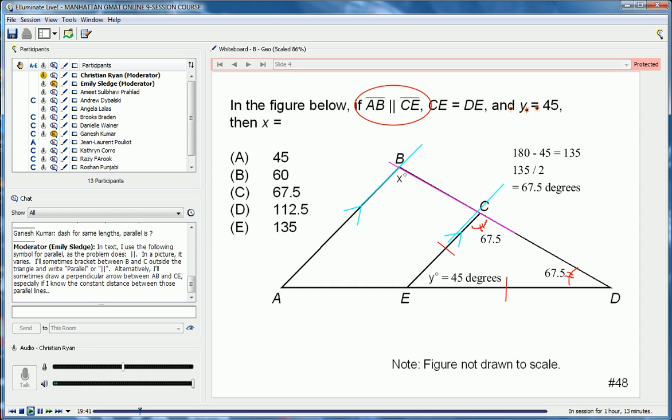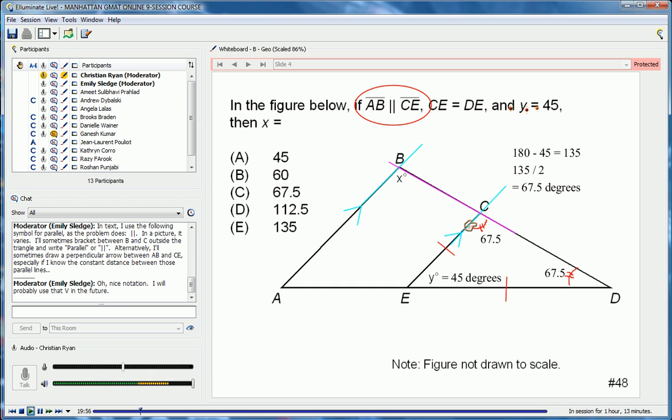And I extend also, it's technically called the transversal, this line in magenta. And then I see that corresponding angles, such as X and the 67.5, are the same. So the X degrees and the 67.5 degrees, exactly the same. So our answer indeed is 67.5.